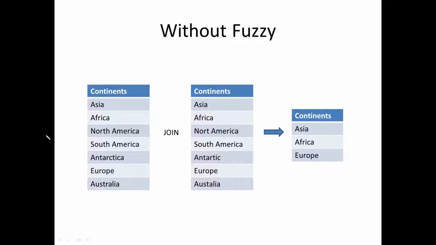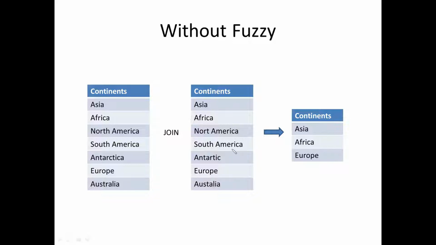So Asia is matching perfectly, Africa is matching perfectly, and North America is not matching because there is a spelling error in the second table, so it won't join together. The same for Antarctica. Here also there is a spelling mistake.